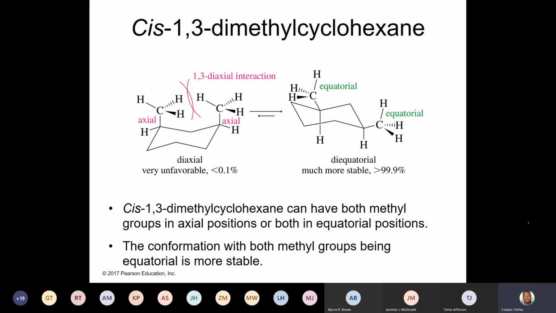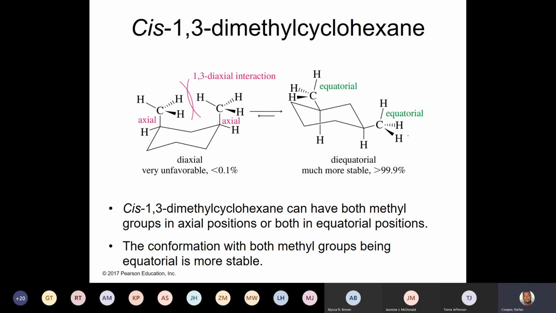Okay, so if I look at the two chair conformations here, I have the first molecule on my left-hand side that has a methyl group axial and another methyl group axial, and from the slide, it's very easy to see that that leads to a very bad 1,3-diaxial interaction.